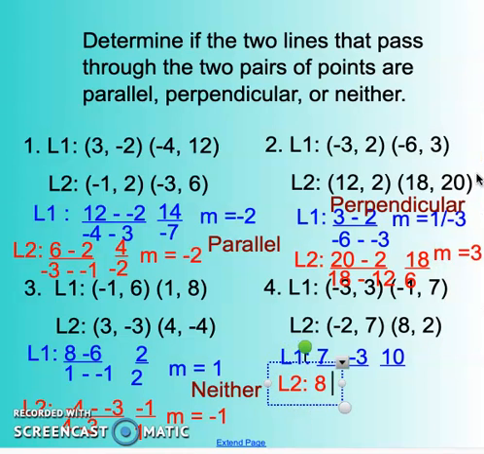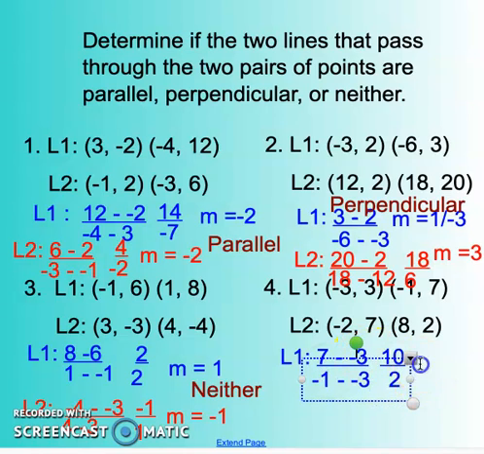Oh, I'm so sorry. We're not even done with L1. We still have to figure out our x's, don't we? Negative 1 minus a negative 3. Thanks for reminding me. Negative 1 minus a negative 3 is positive 2. So the slope is 5.